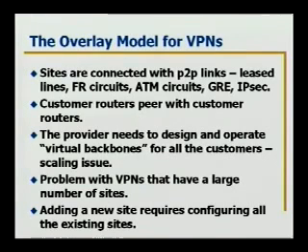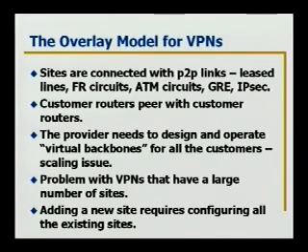The customer routers would peer with other customer routers at the end of these links, and the customer would run his own routing. From the provider's point of view, he only provides the links. But the provider needs to give these virtual backbones for all the customers. At some point, it becomes cumbersome to start managing all these virtual networks on top of the provider's networks.